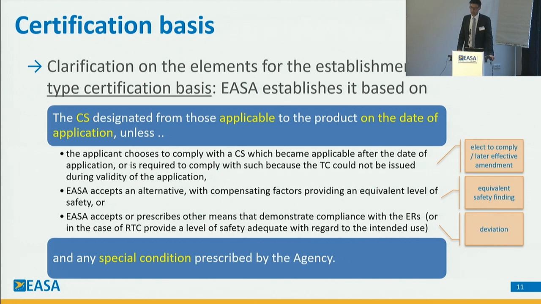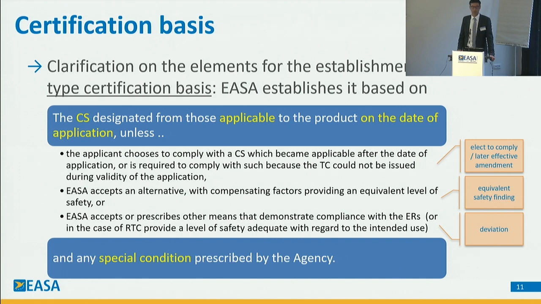Secondly, EASA accepts an alternative with compensating factors providing an equivalent level of safety, the so-called ESF, equivalent safety finding, with the compensating factors, which should be proposed by the applicant as well. Or the last possibility, EASA accepts or prescribes other means that demonstrate compliance with the essential requirements, or in case of a restricted type certificate, provide a level of safety adequate with regard to the intended use.